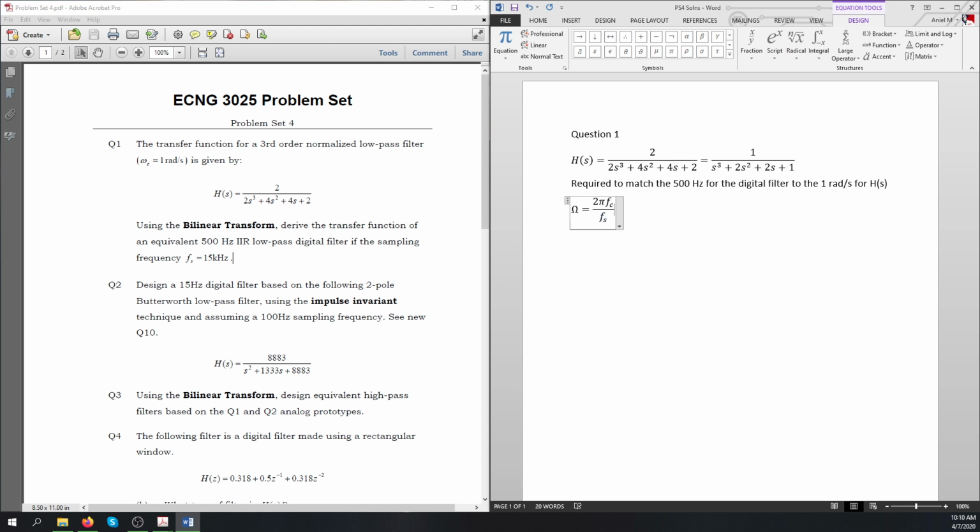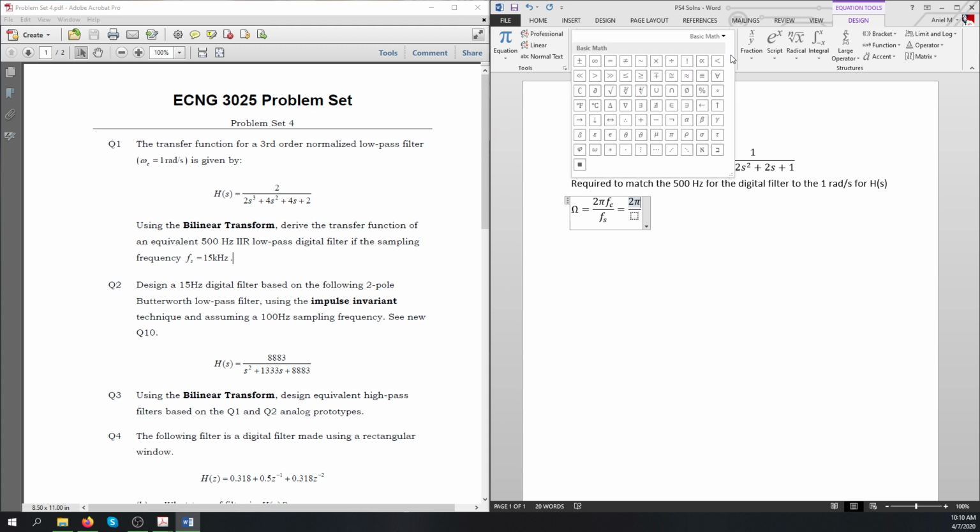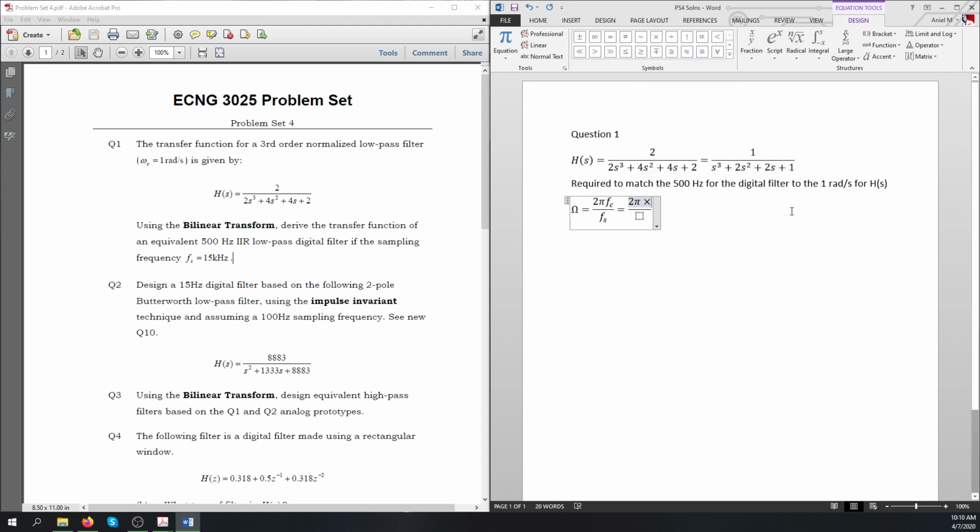So 2 pi times the cutoff frequency divided by the sampling frequency. So this is equal to 2 pi multiplied by our cutoff frequency, which is 500 Hz, divided by our sample frequency, which was 15 kilohertz or 15,000 Hz.